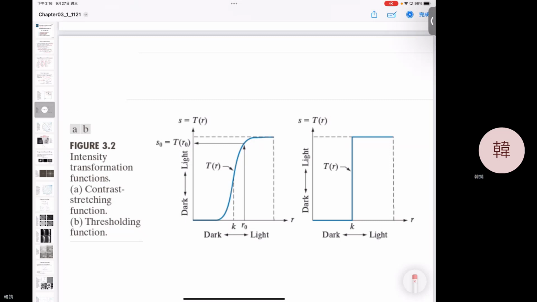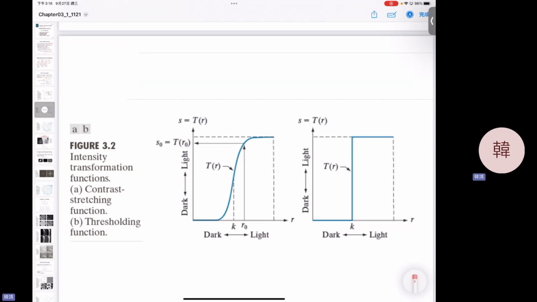How about this one? This is an intensity transformation function from R to S. Look at this one: R is located in this small region that stretches out to the whole range of the S output. So can you imagine what the result will be when you do this transformation?